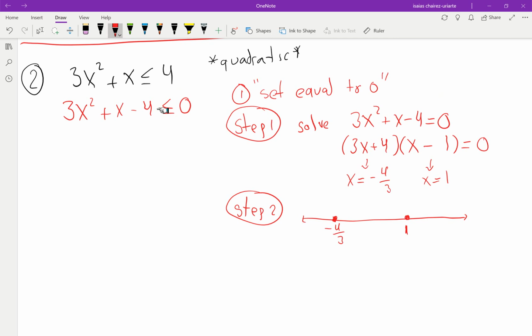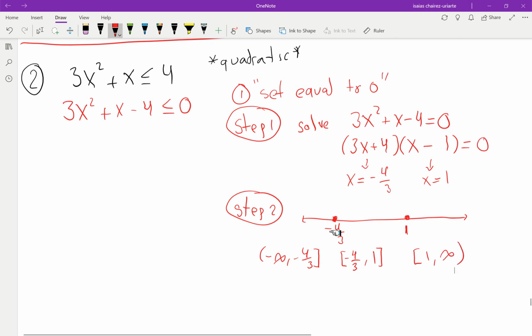Okay, and what this has done is it has split up my number line into 3 intervals. Negative infinity to negative 4/3, negative 4/3 to 1, 1 to positive infinity.